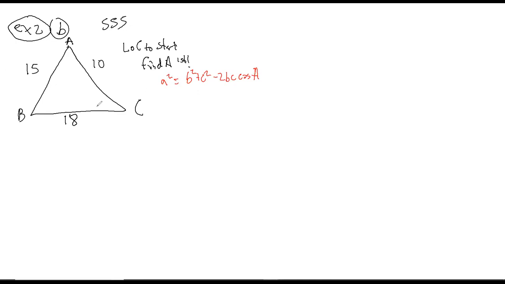So the a squared is the 18 squared, equals the b squared, well, that's the 10 squared, because it's opposite angle b. And then plus little c squared, that's opposite angle c, so that's the 15 squared. Then minus 2 times 10 times 15 times the cosine of angle A, which we don't know. That's the unknown. So this is not solved for the thing that we need right now. We need to go through the process of solving for A.